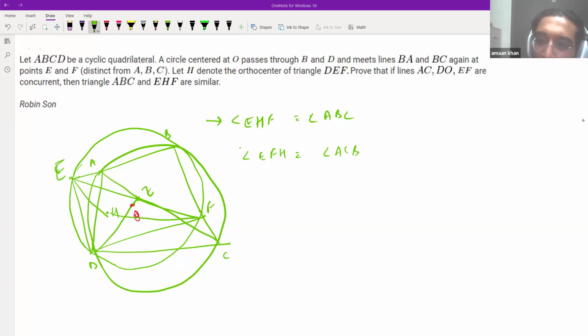That is wrong, what you wrote: EDC is not 180 minus ADC. I meant ADF. Oh, EDF, yes. Fine, that works.